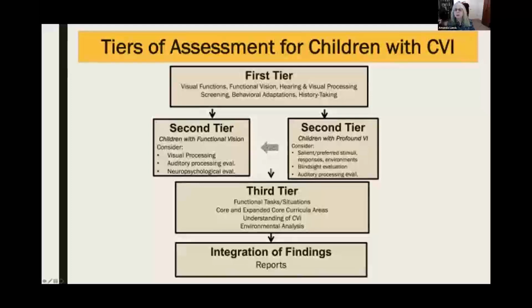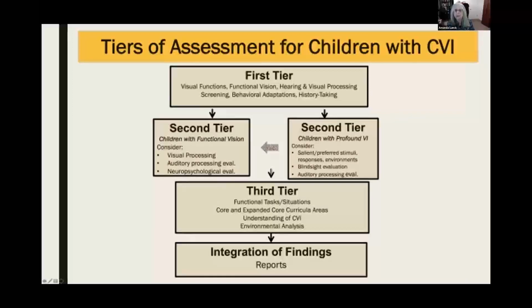And for children with profound VI, you have to think about salient and preferred stimuli, responses, environments, a blind sight evaluation, and we talked about blind sight a few seminars ago, and also an auditory processing evaluation. Now, some children with profound CVI when they're young develop more vision, and you can work into more of these second tier types of assessments for children with functional vision for those children.